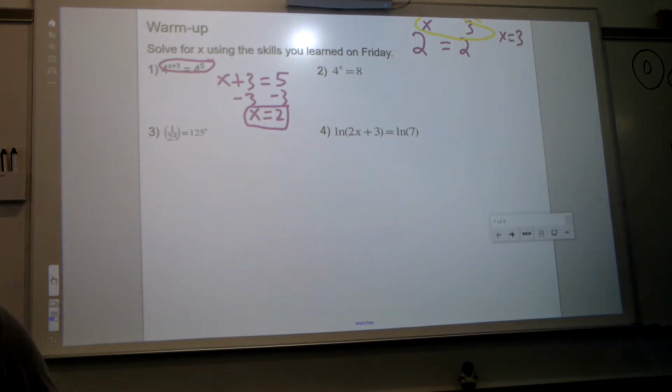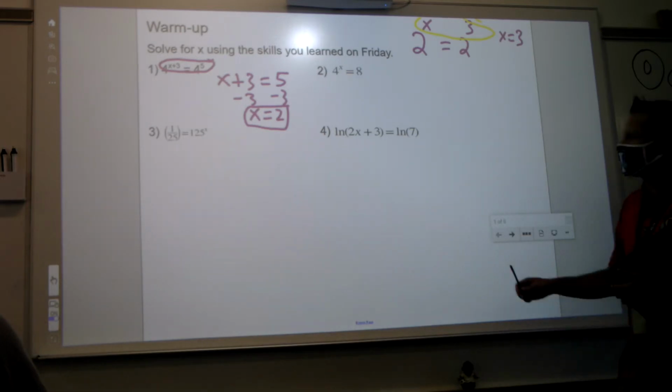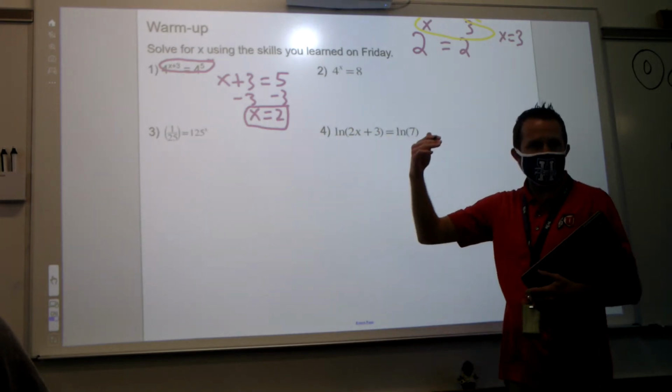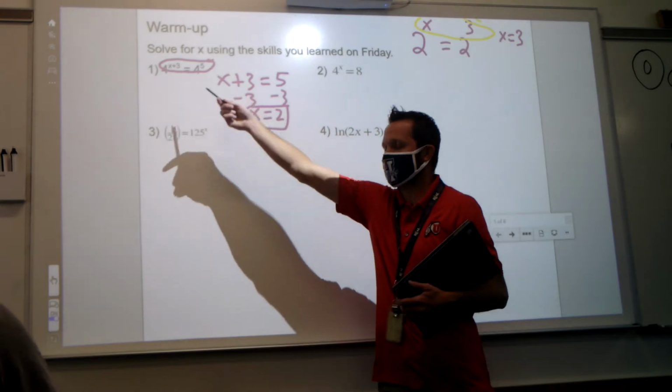Now look at number 2. Are they the same? No, I've got 4 and I've got 8. Obviously they're not the same. So this is what I'm going to see. Well, could I maybe rewrite 4 and rewrite 8 as a number raised to a power so that I could make it so they're the same?